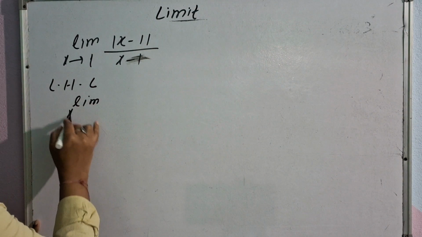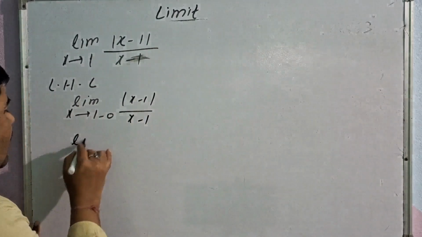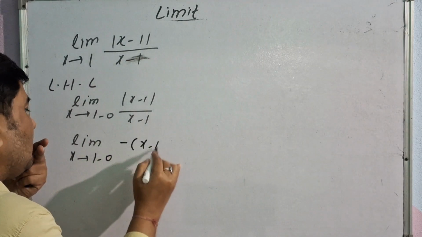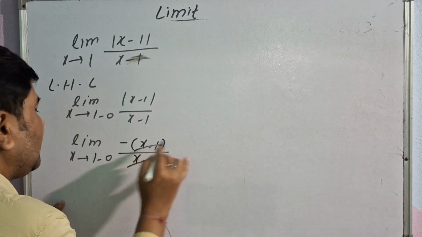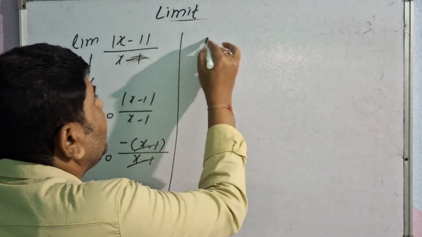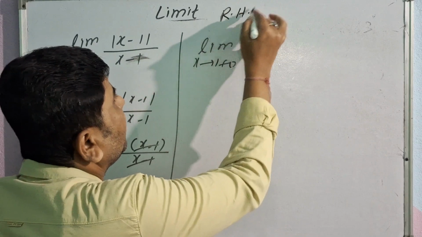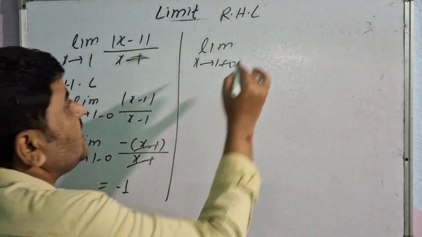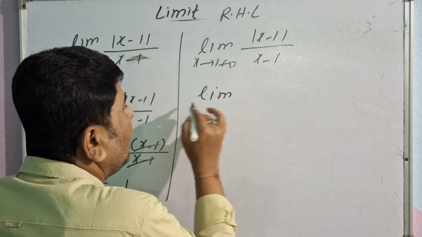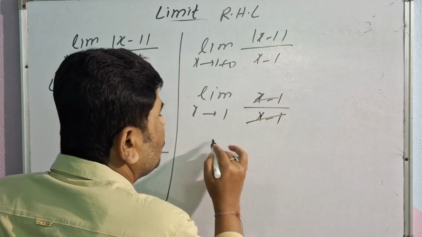Limit x tends to 1 minus 0, |x minus 1| upon x minus 1 is equal to limit x tends to 1 minus 0, minus (x minus 1) upon x minus 1, equal to minus 1. Now let us move ahead. Limit x tends to 1 plus 0, that is the right hand limit, |x minus 1| upon x minus 1, which is (x minus 1) upon x minus 1, and it is equal to 1.